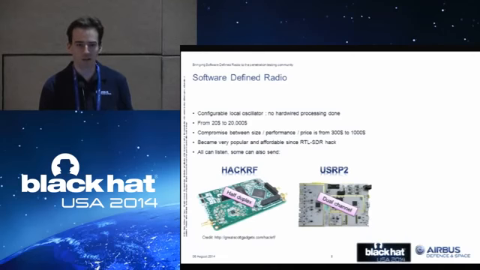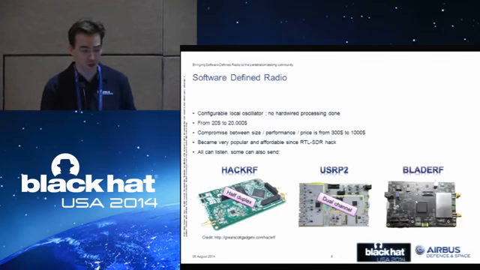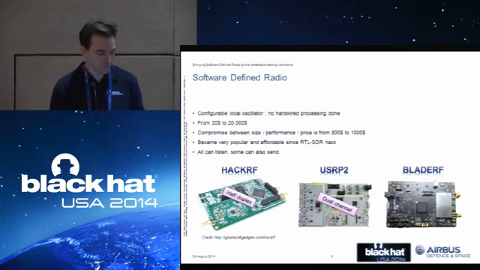With HackRF, if you want to use a HackRF with our tool, you will need to have two cards because it's half duplex. So you will need one card for reception and one card for transmitting packets. With USRP, you have dual channel, so you can do full duplex with two channels at once. But our tool will just use one. And finally, you have the BladeRF, which can do both receive and transmit on one card.